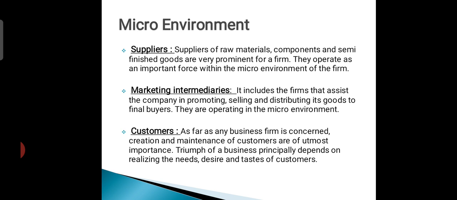So we want to consider them as an important factor. And government agencies may buy goods and services for transferring these goods to others who are in need of them.